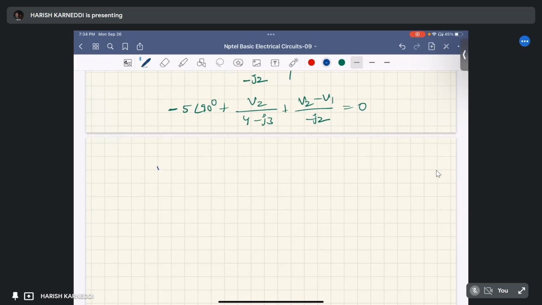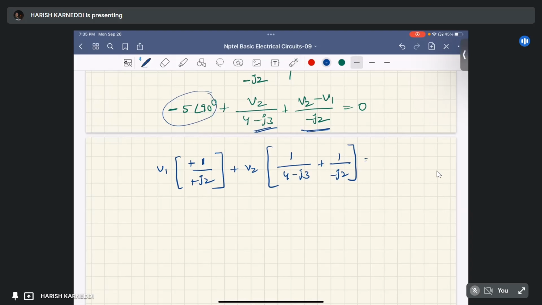So the V1 term is minus V1 by minus j2, which is minus 1 by minus j2. This minus and minus will be cancelled. It is 1 by j2. What about the V2 terms? V2 terms are 1 by 4 minus j3, and this term is 1 by minus j2.